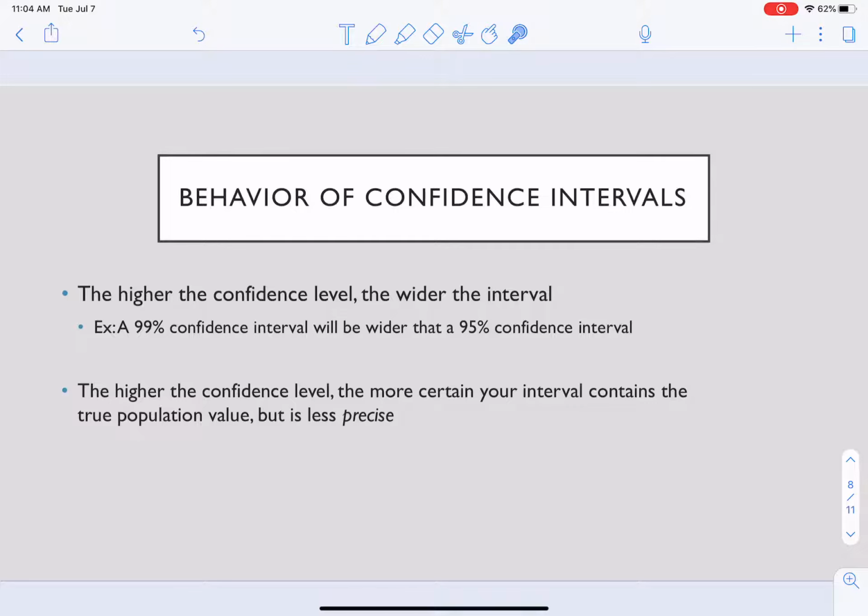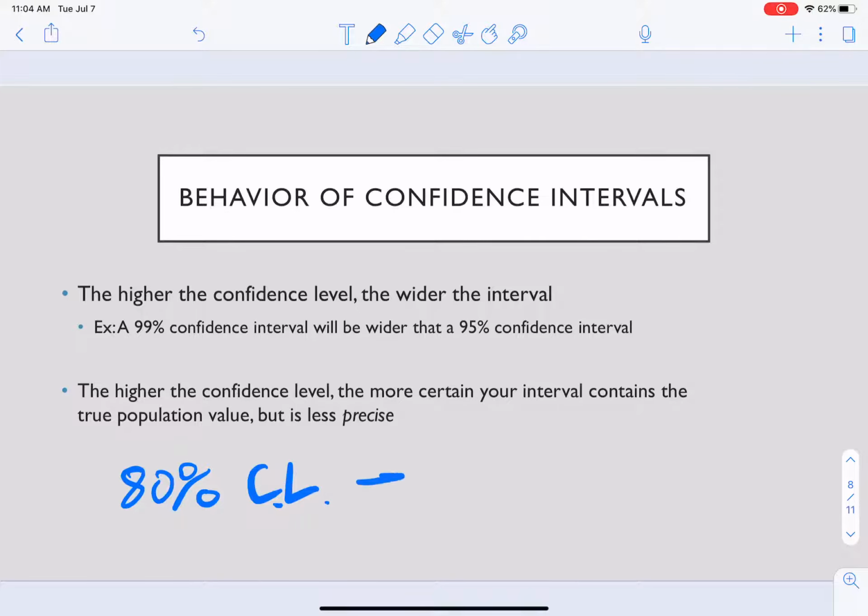An 80% confidence interval will be narrower than a 95% confidence interval. So you're saying that you are less certain that it's between these two values, but you are going to be more precise because it's narrower. You're leaving a little bit more up to chance, in that case with an 80% confidence interval.